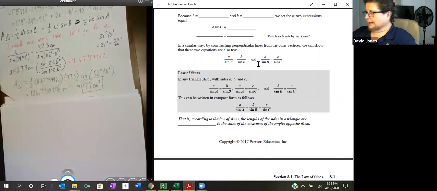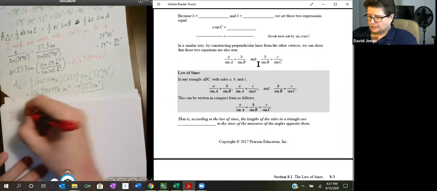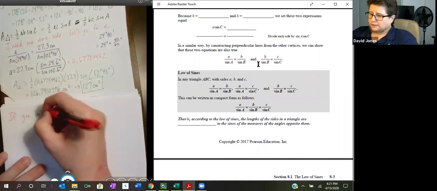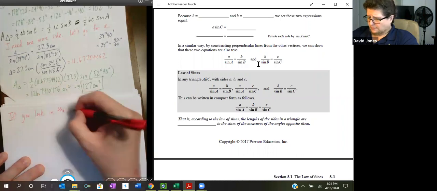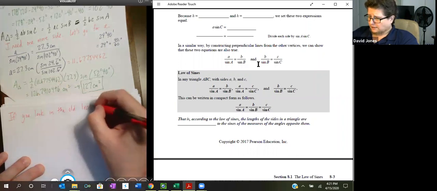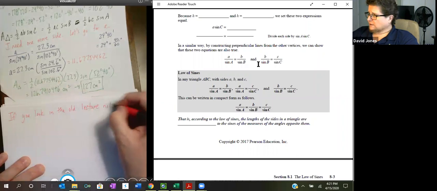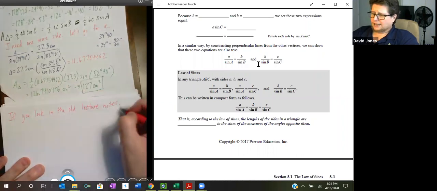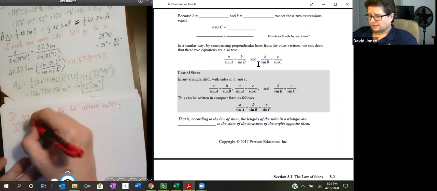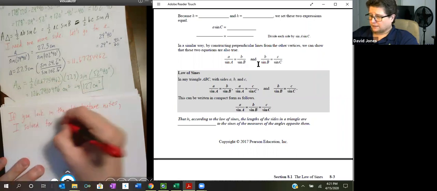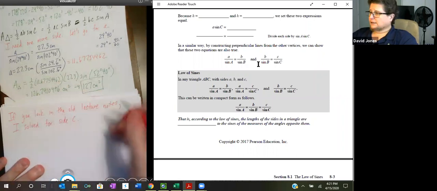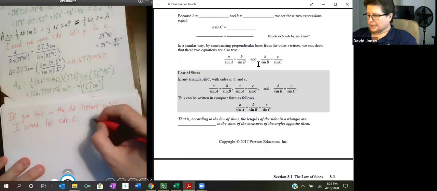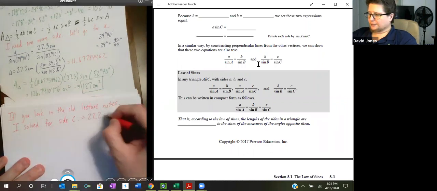If you look in the old lecture notes, I solved for side C. And I got C to be 22.2 centimeters.